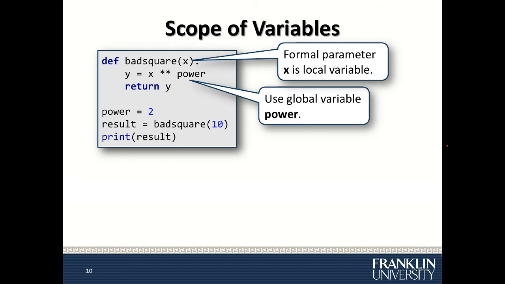In this program here, I have a bad square. In the bad square, I pass it a formal parameter x, which is a local variable. I also have a local variable y, because I declare variable y inside this function here.